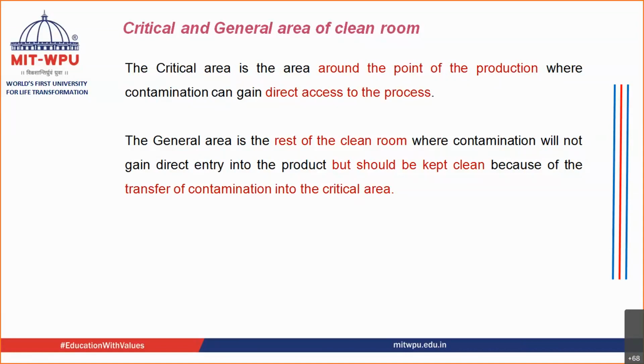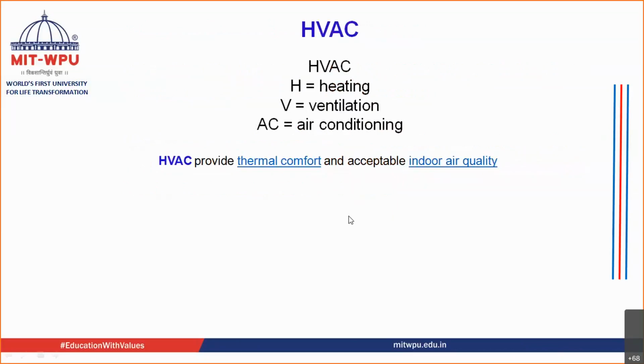So you have a critical area and a general area. This is another way of classification of your clean room. So your clean room can be classified as class 1, class 10, class 100, class 1000, or as grade A, B, C, and D, or as critical area and general area. All said and done, all the activities should be carried out in the clean area, right?